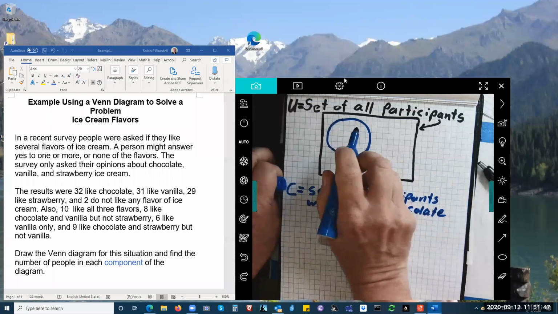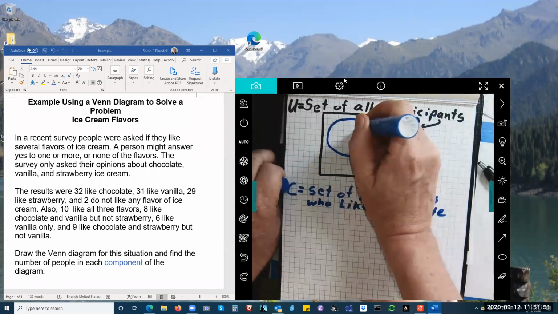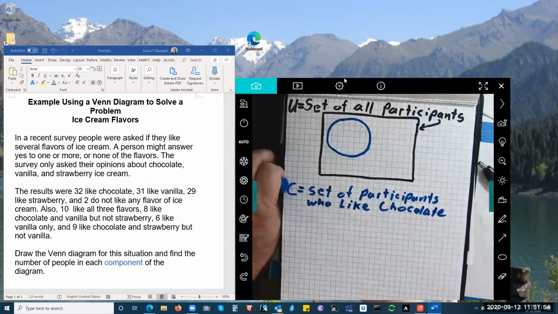So each dot inside the circle is a person, a participant. Each little location is one person who likes chocolate.